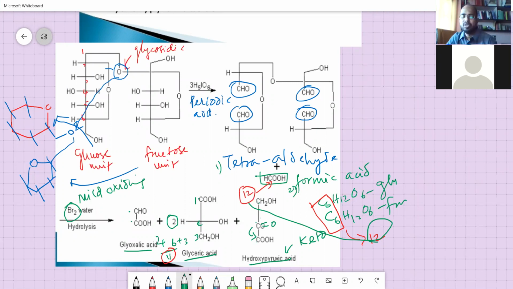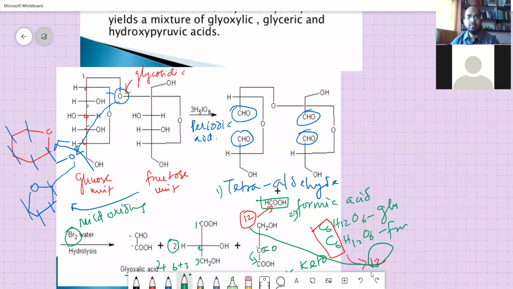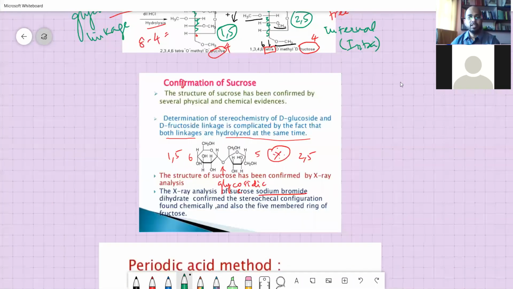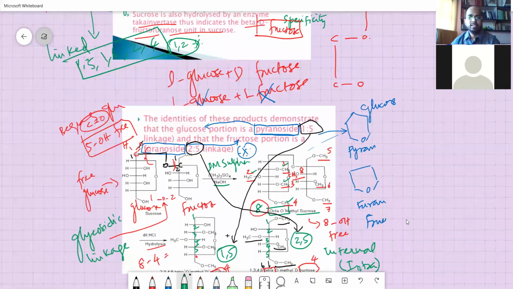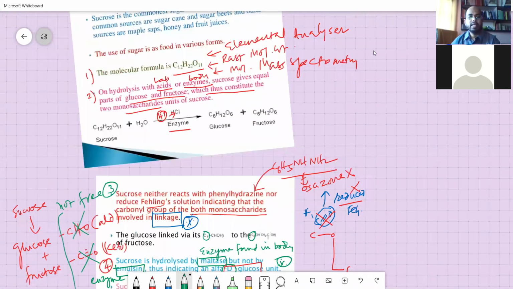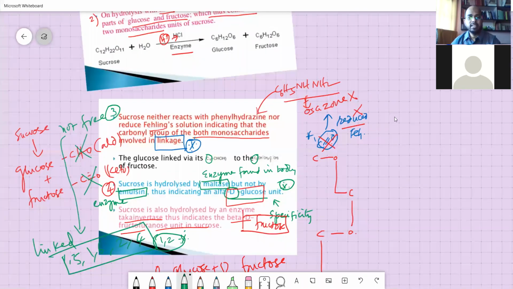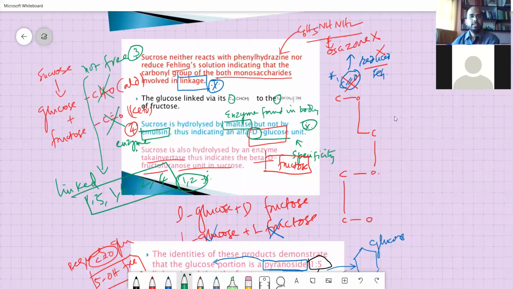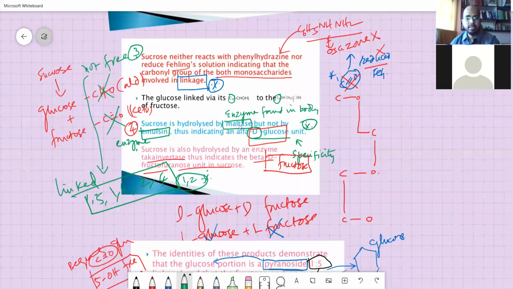reactivity. So to sum up, it is suggested that the structure of sucrose is first established by means of the molecular weight determination. Here you see the molecular weight C12H22O11, and then we have seen that it contains a glucose and fructose unit by means of some important enzymes such as maltase. And we also saw that there is no aldehyde group, that means it is not a reducing sugar.